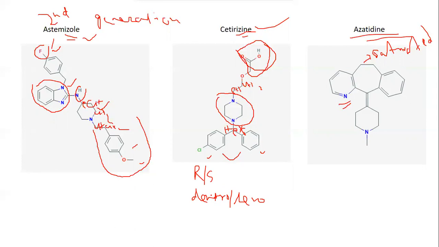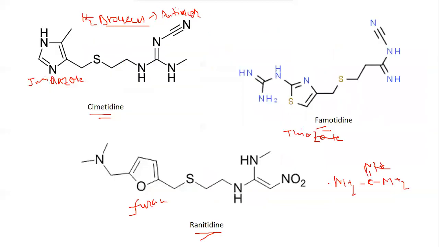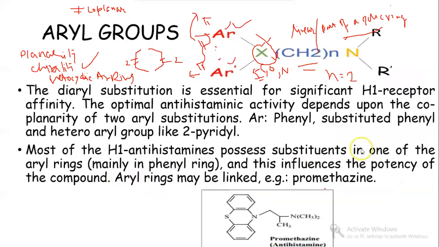For example, for cetirizine, the levo form is more active. So levocetirizine is more popular in the market, not dextrocetirizine. So you should be aware of the question of chirality when dealing with this kind of compounds.